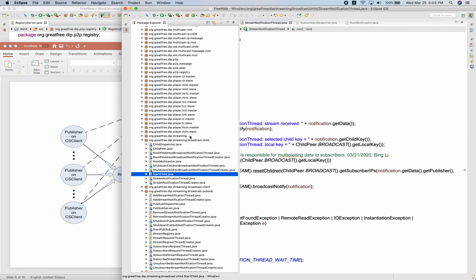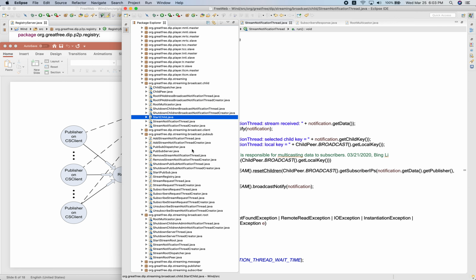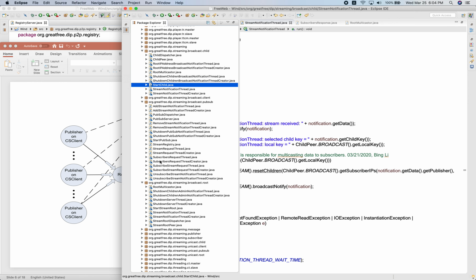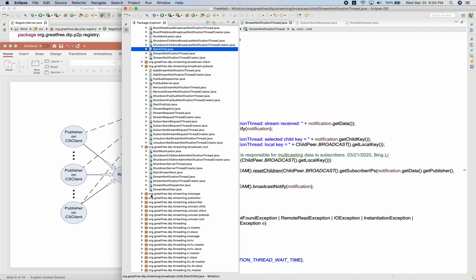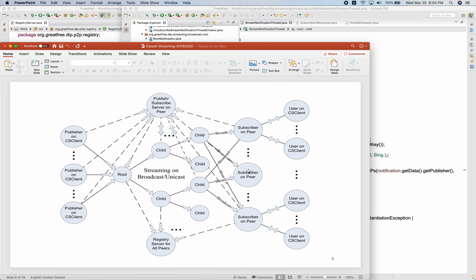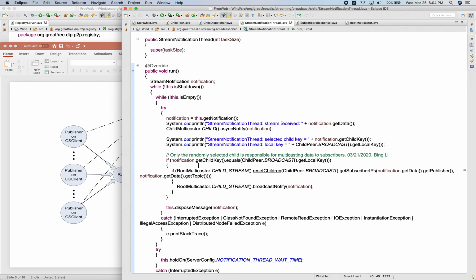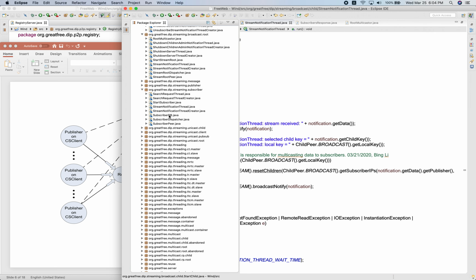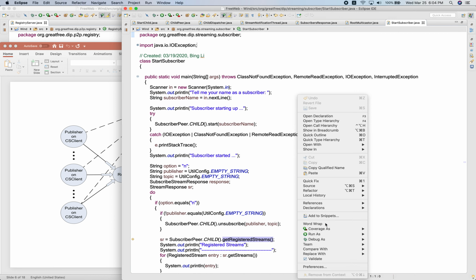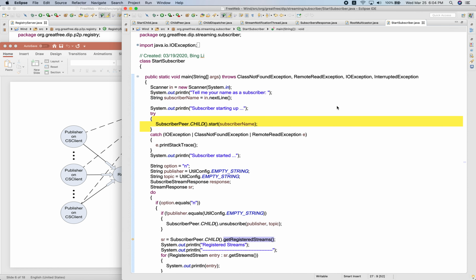So next, let us take a look at the subscriber. The subscriber is also implemented on a peer. Let us start the subscriber.